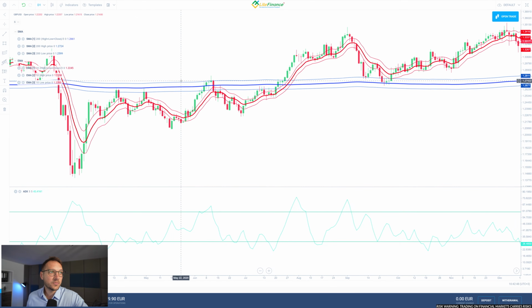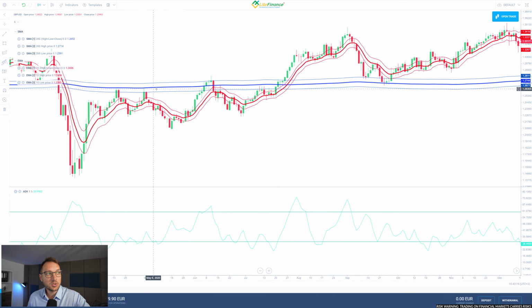So the first ingredient is the 200 simple moving average, because we need to know the direction of the overall trend, and we need to know where to take particular trades, because it will serve for us as usual to filter whether we should take a buy trade or a short trade, a sell trade.